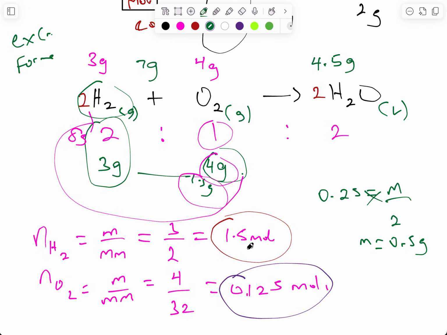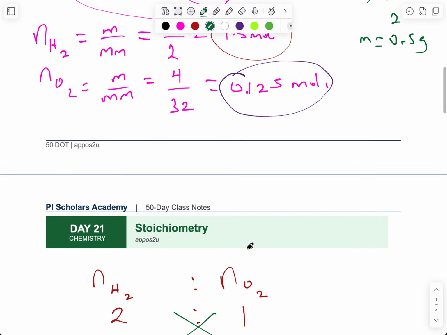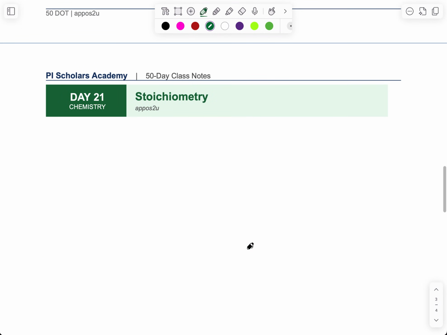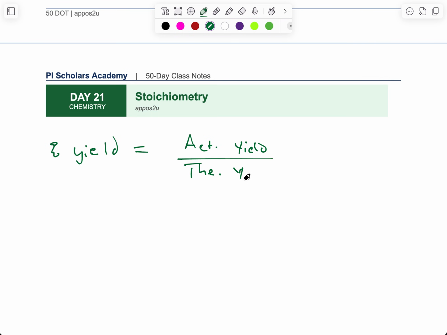Before I finish this class, I'm going to talk about one last thing, which is theoretical yield and actual yield. There's something we call percentage yield. Percentage yield is the actual yield divided by the theoretical yield, multiplied by 100%.